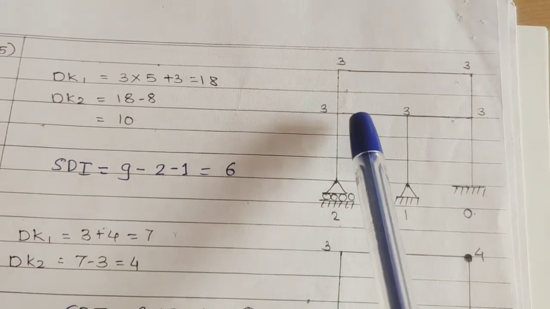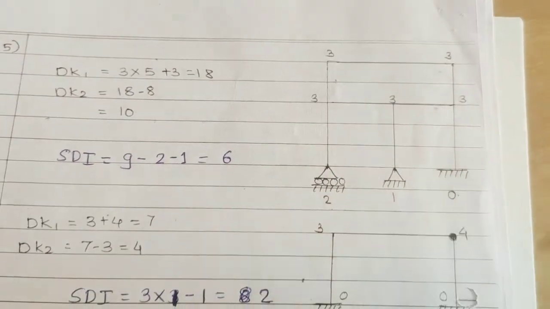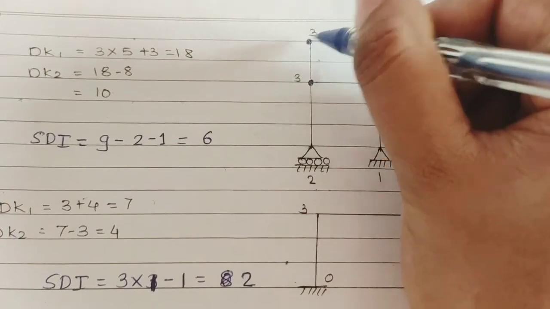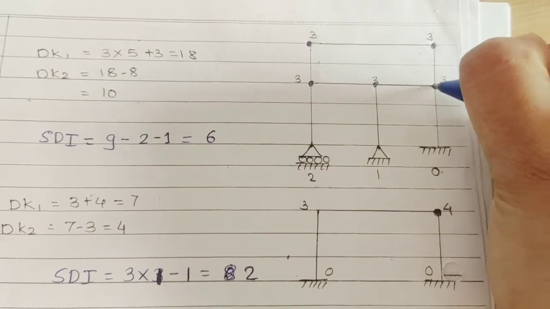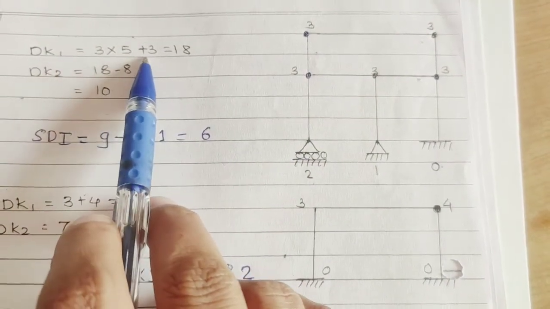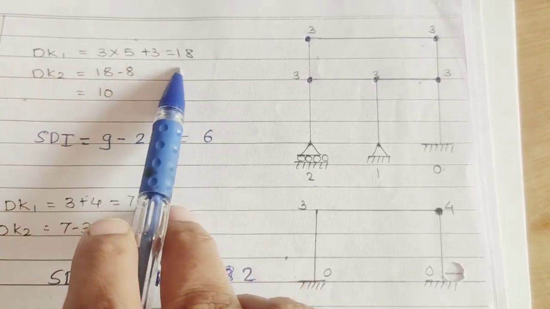And then you have to count the degree of freedom for the particular joint in this frame, that is rigid joint. Count that joints 1, 2, 3, 4 and 5. 5 into 3 means that is equal to 15. 15 plus 3, that is equal to 18. 18 is the value of DK1.